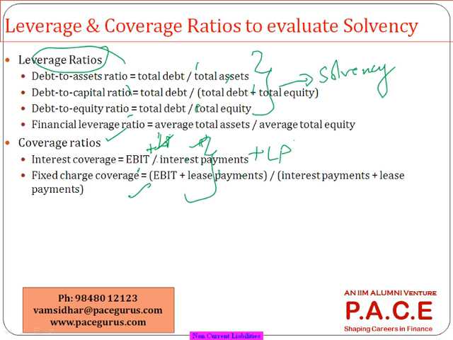So the lease payment also getting added up, the whole thing is contributing to the solvency of the company. So using these set of ratios, we can assess the solvency of the company. So the liabilities part, from an analyst's perspective, the usage of the liabilities part is primarily to assess the solvency of the company.